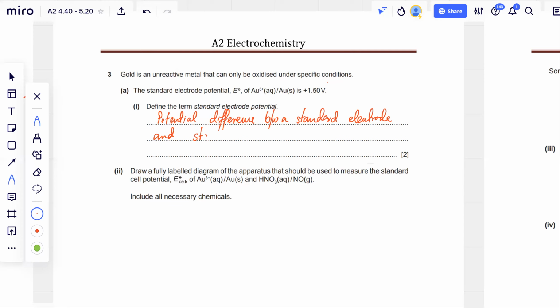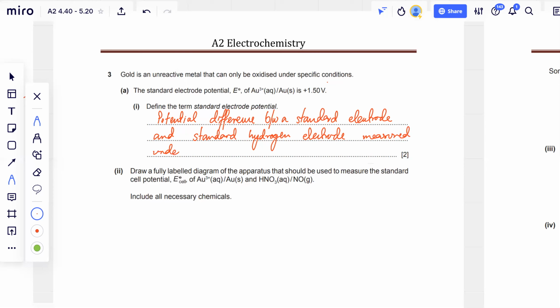You measure it against a standard hydrogen electrode. That's your reference point. So you can write that it's the potential difference between a standard electrode and a standard hydrogen electrode, measured under standard conditions.